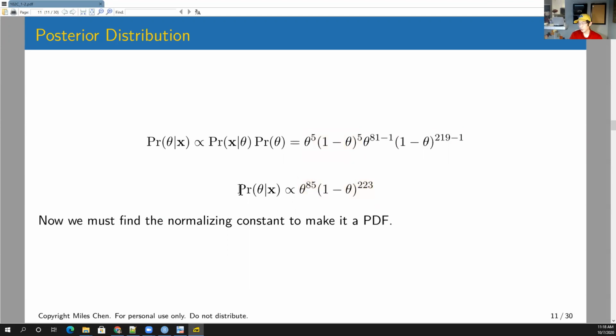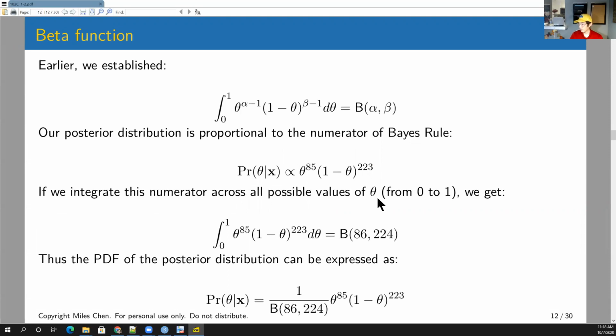So we can say that the posterior distribution is proportional to this. In order to make it a PDF, we just have to find the normalizing constant so that this whole thing integrates to 1. So what is that normalizing constant?